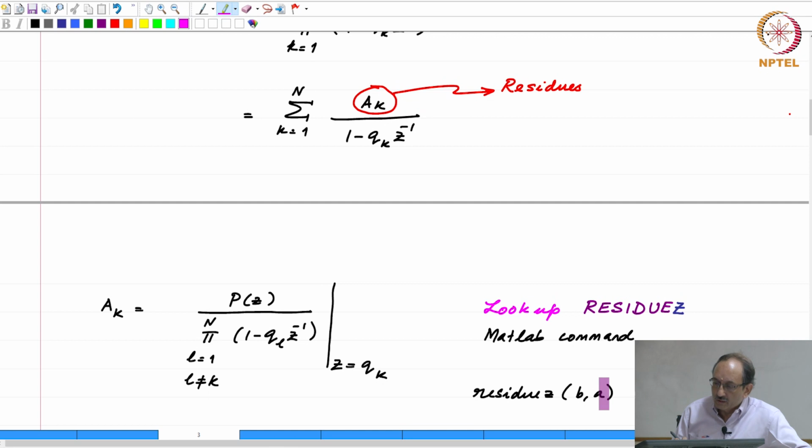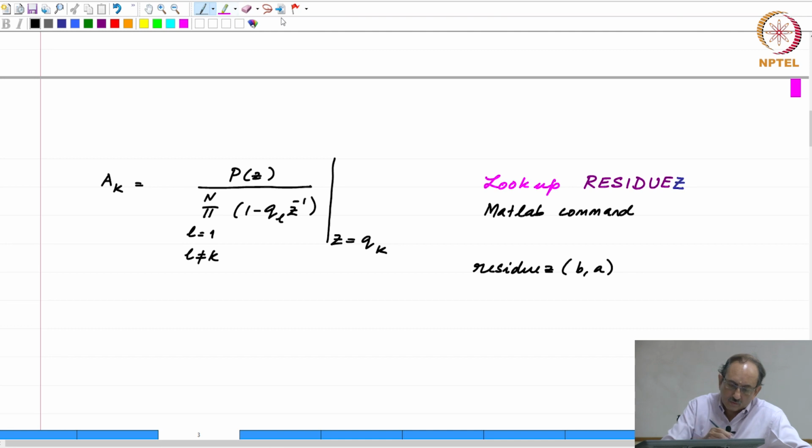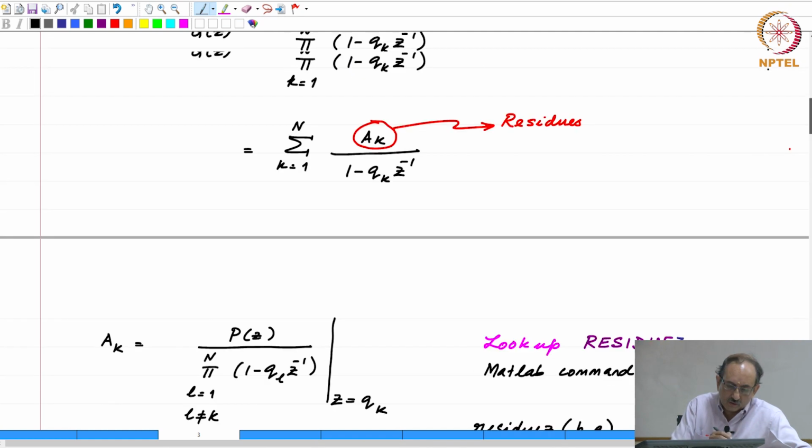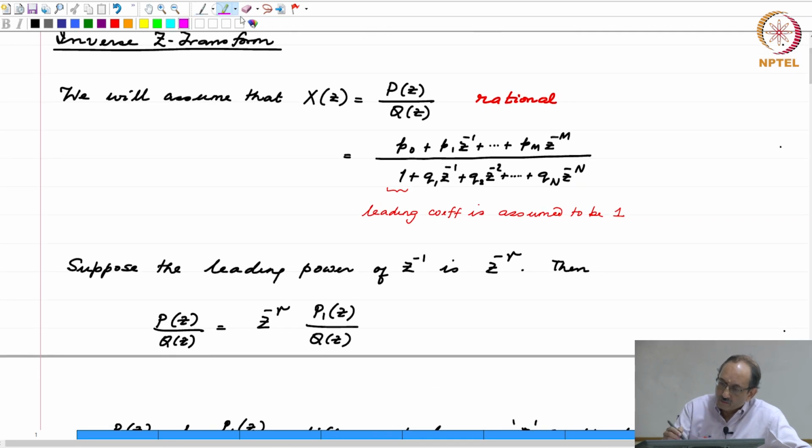The a vector are the denominator coefficients, and then you have to give this command residuez, and this will assume a rational transform of the form B of z over A of z, or rather P of z over Q of z, just to be consistent with what I had written earlier. The numerator coefficients as a vector fed to MATLAB, denominator coefficients as a vector fed to MATLAB, and MATLAB will give you the residues, and it will also factor the denominator.